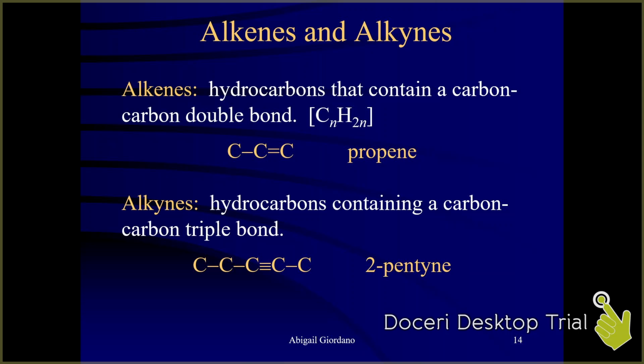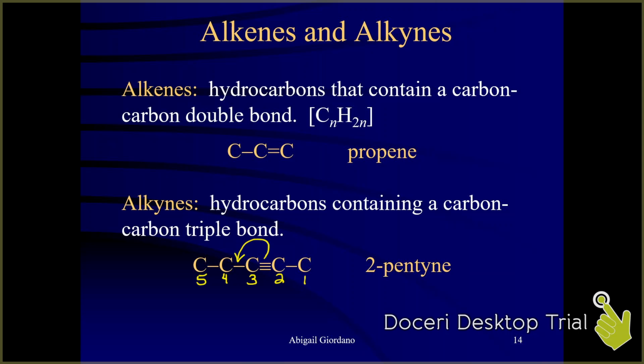So based on the fact that they're calling this 2-pentyne, that indicates to me that they have numbered from right to left. Now I imagine if you put the triple bond in that position, it would still be 2-pentyne.